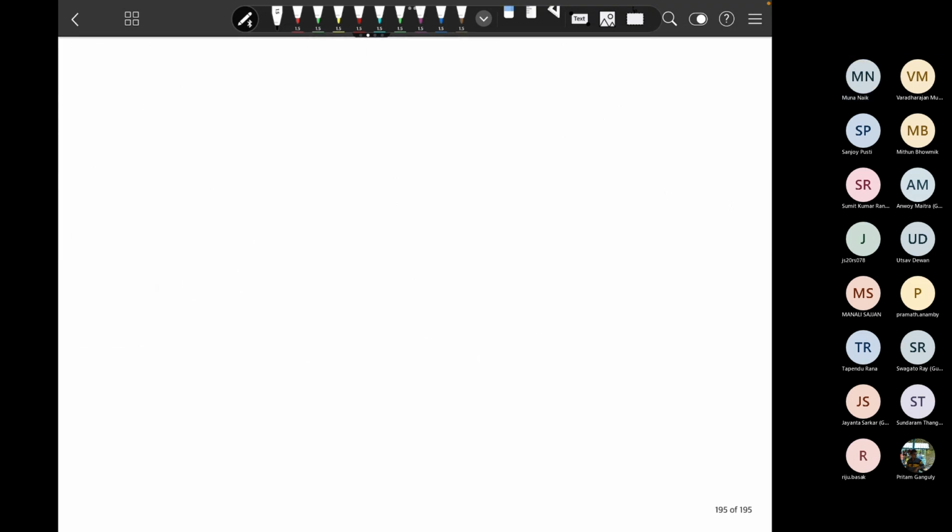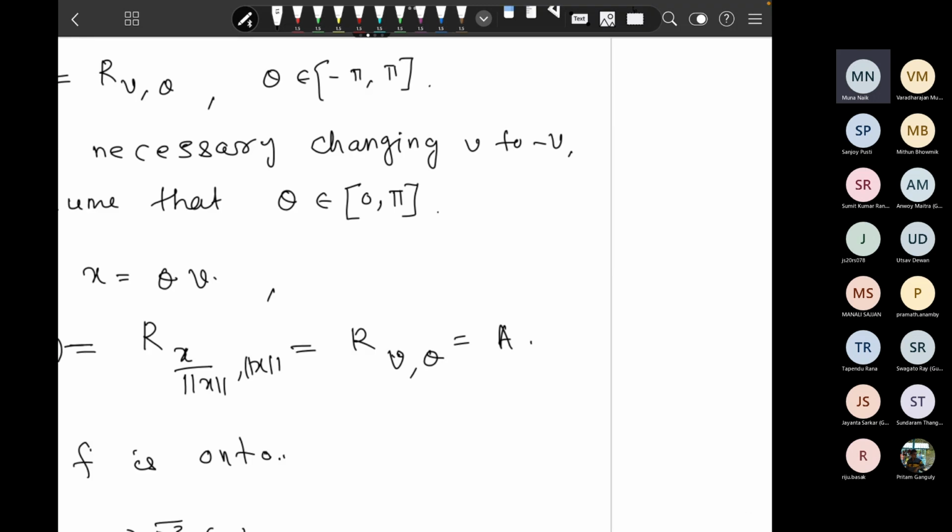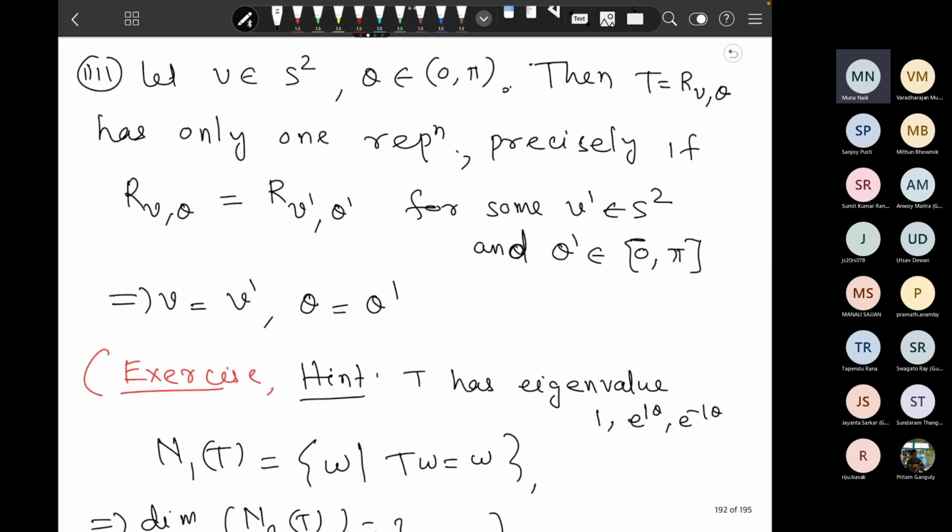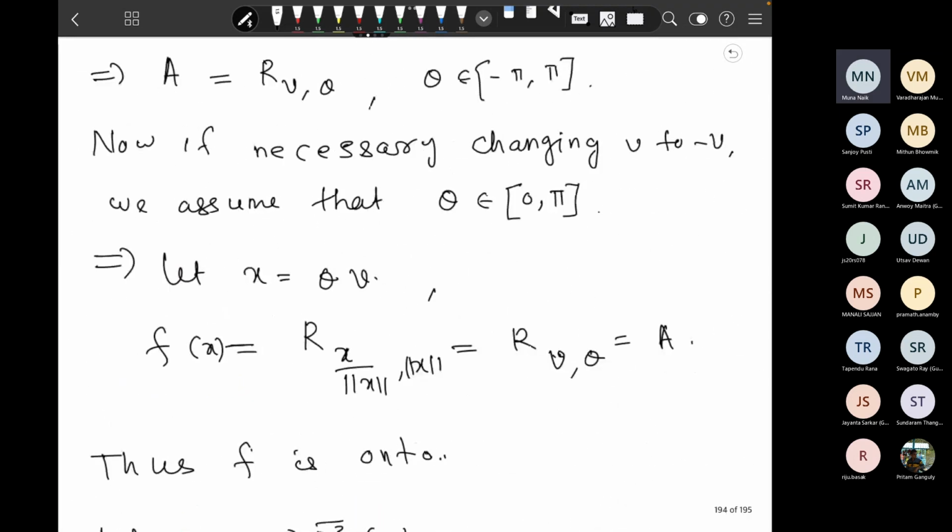Now we have seen this property 3: if theta belongs to 0 to pi, then R_B(theta) has a unique representation.